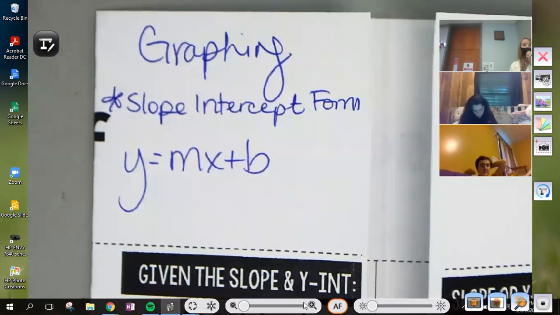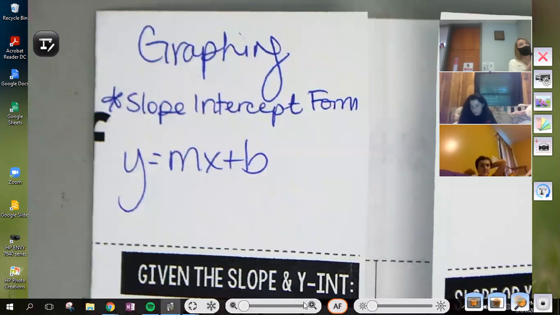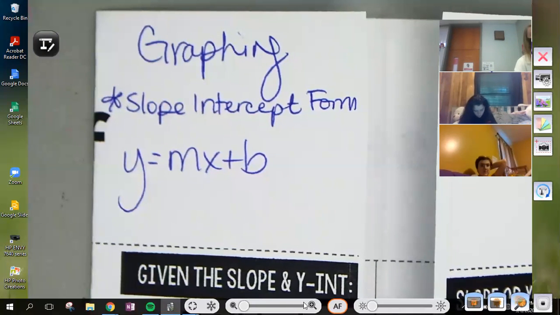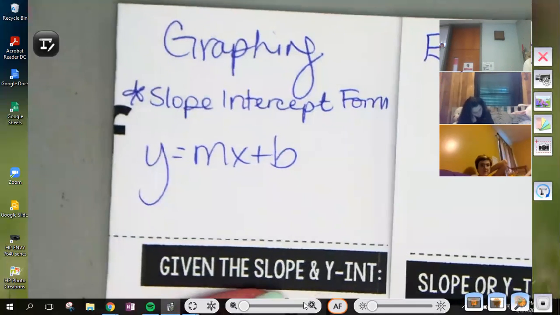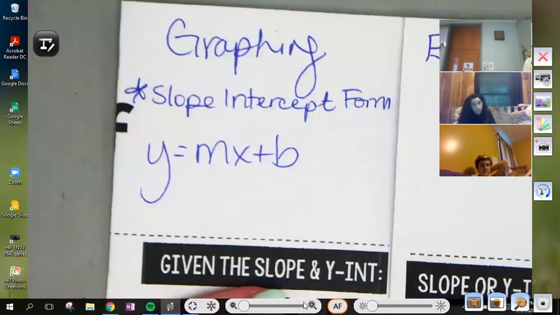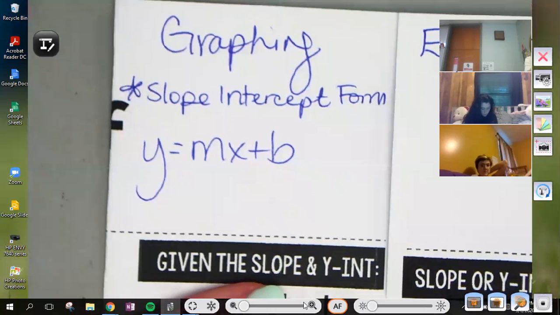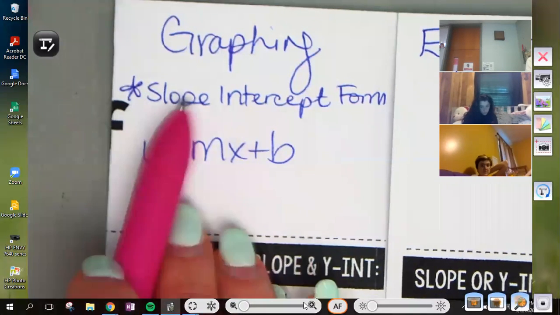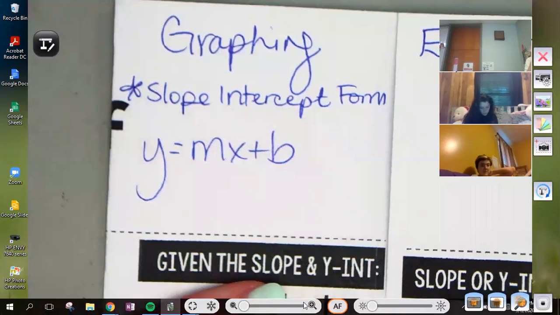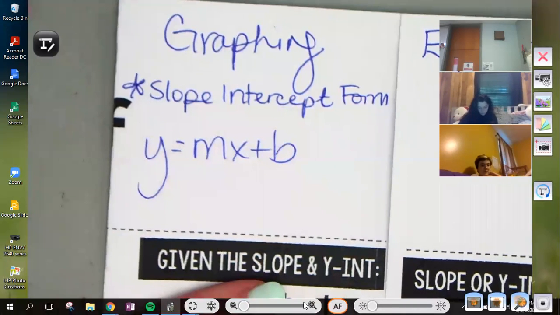So when it's set equal to y, which means it's in slope-intercept form, the equation tells us two very important pieces of information. Based off of the name of the form, what 2 pieces of information do you think it gives us?